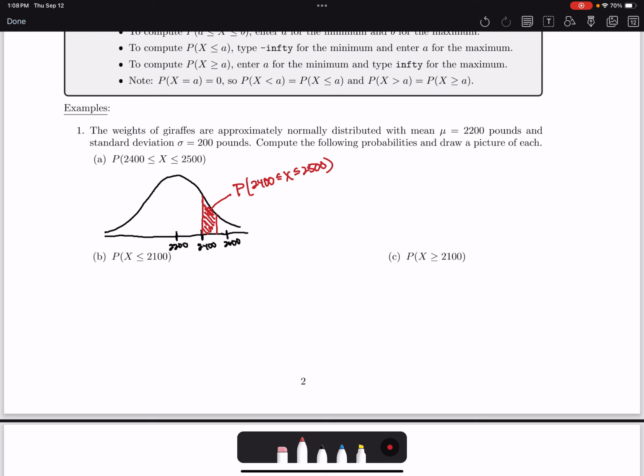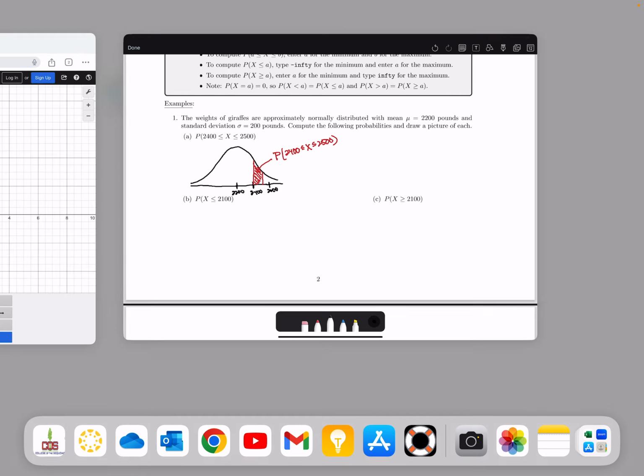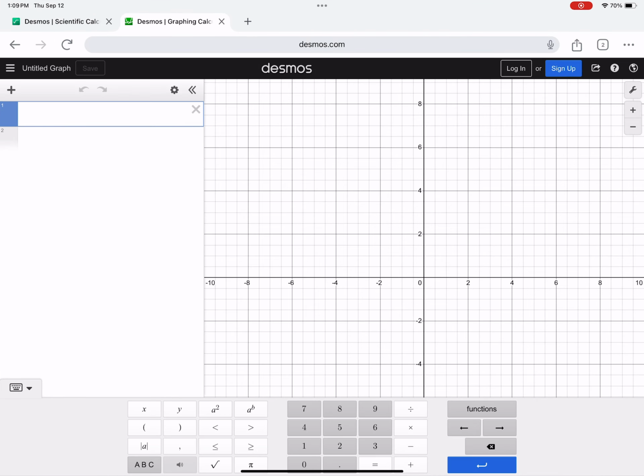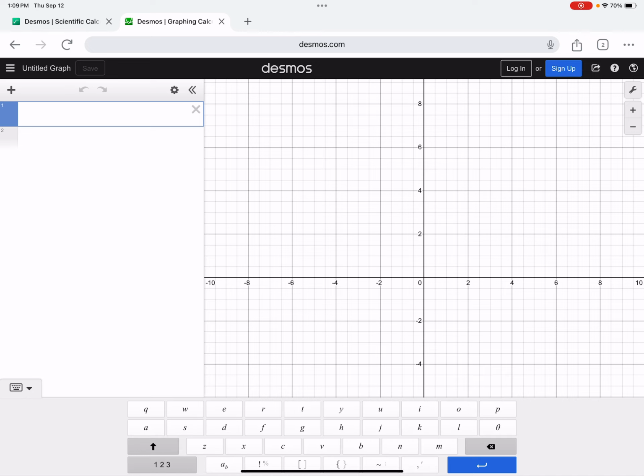Let's head over to the Desmos calculator and see how we compute this. So in the Desmos calculator, we're going to type normal dist. Okay.